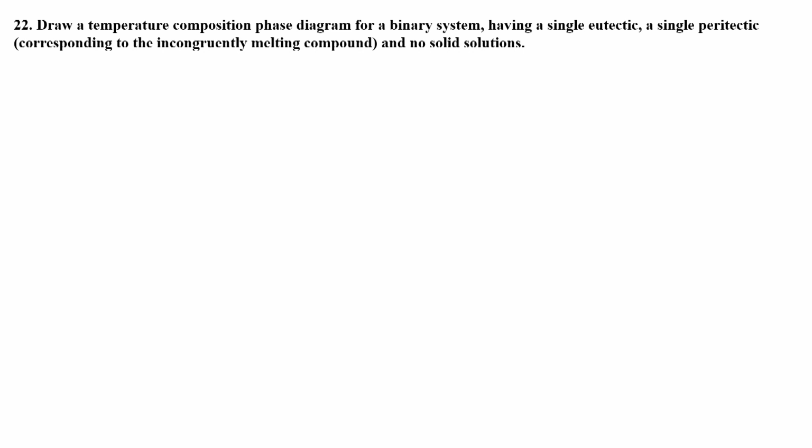Problem number 22 says, draw a temperature composition phase diagram for a binary system having a single eutectic, a single peritectic. Peritectic means here corresponding to the incongruent melting compound, and no solid solution. So we are considering here substances A and B, forms compound AB.